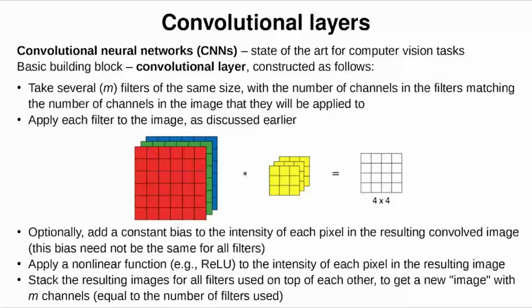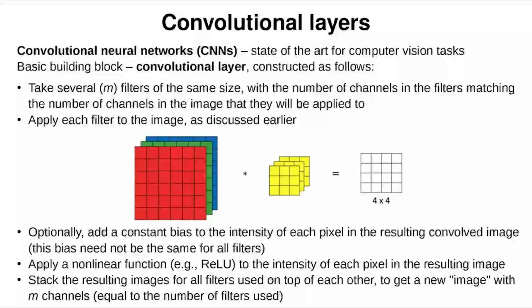We will denote the number of filters that we use as M. Then we run each filter over the original image, as we discussed in the previous slide, performing a convolution of the image with that filter.